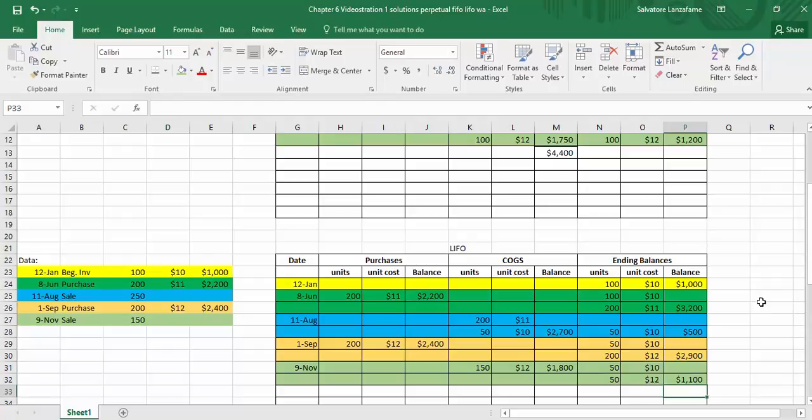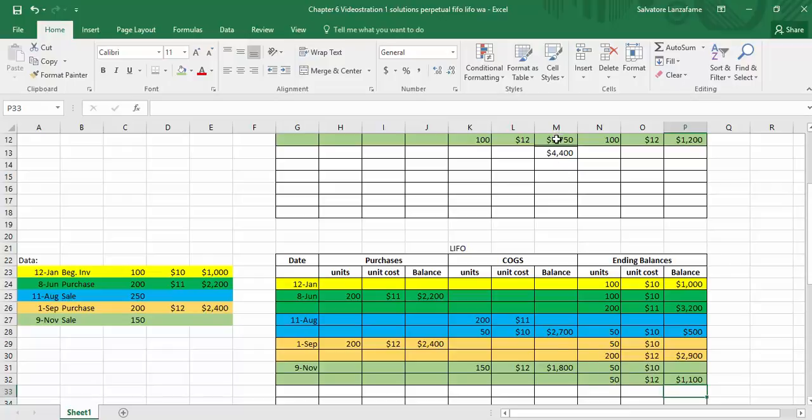And now our inventory balance is 1,100. Notice, just look up above, when we had 100 left over at 12, we said our inventory value was $1,200. Now we're saying our inventory value is 1,100, and the 1,100 is made up of 50 at 10 and 50 at 12.